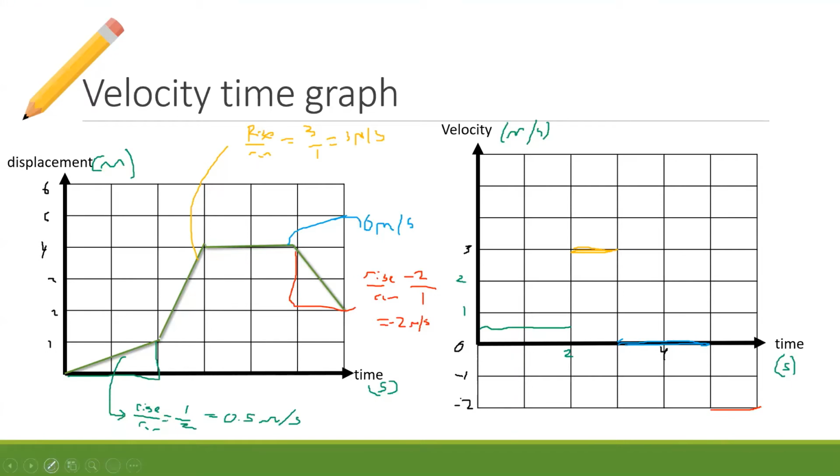Now, before I move on, I will quickly address the issues that I'm sure some of you are thinking. It's like, well, that looks a bit weird to be a velocity time graph. And I said to you guys, it's not possible. What the graph would be more likely to look like for this situation is something like this.